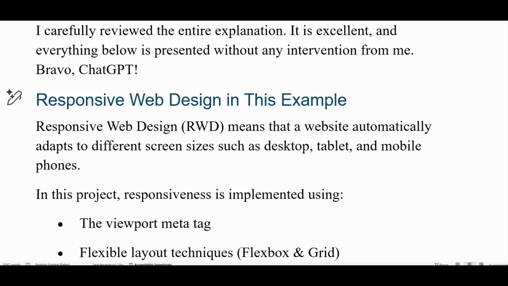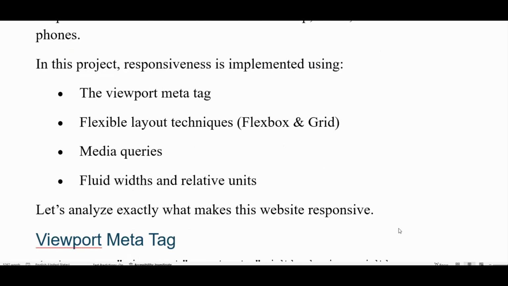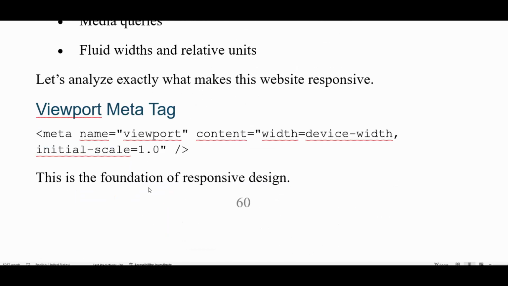In this project, responsiveness is implemented using the viewport meta tag, flexible layout techniques, Flexbox and Grid, media queries, fluid widths, and relative units. Let's analyze exactly what makes this website responsive.